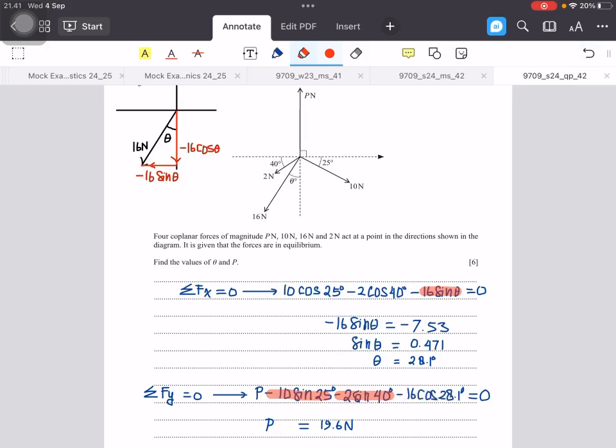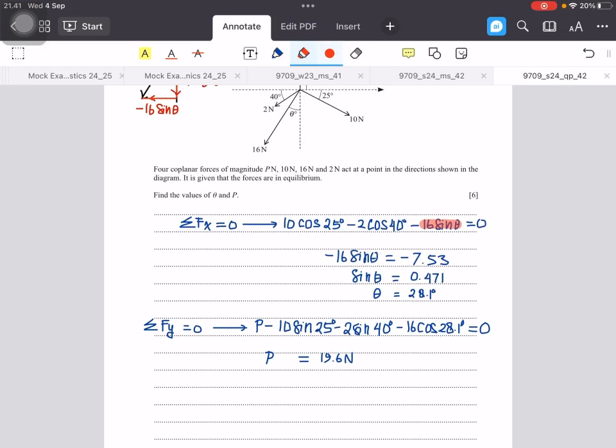For the 10 newton force, 2 newton force, and 16 newton force, all of them, the y component is directed downward. And then for the 16 newton force, the y component, as in this diagram, is the adjacent side. We use cos theta.